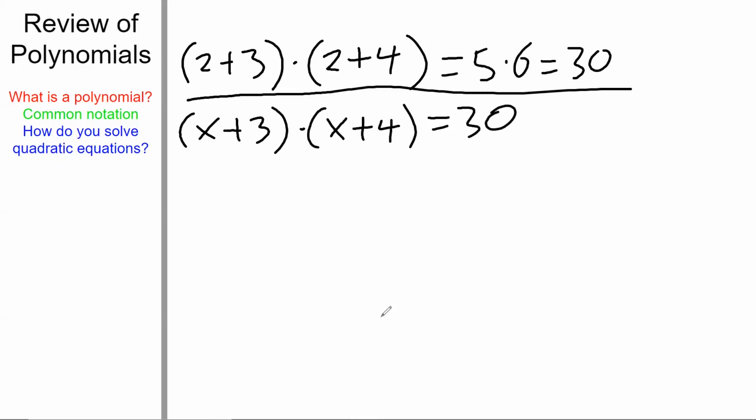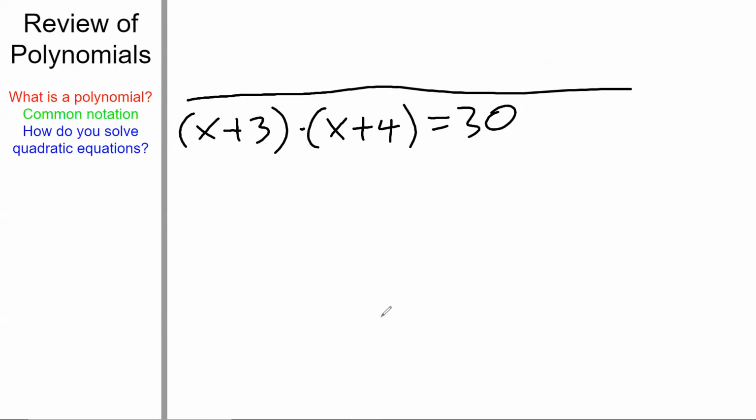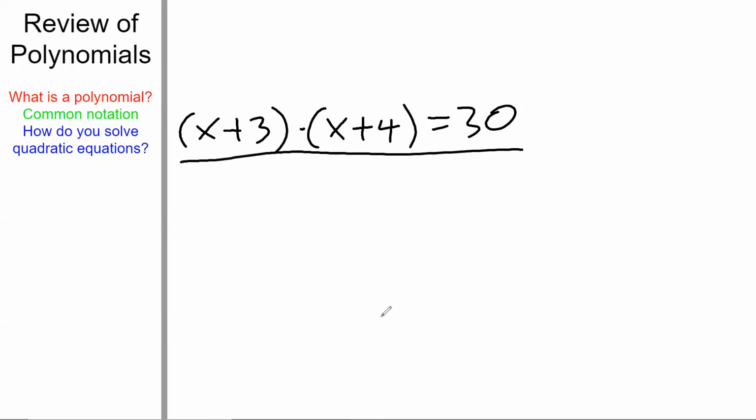Now, we know that x is equal to 2, but let's, for a minute, ignore this, what we have here. And what if I told you to solve this equation for x? How would you guys go about solving it?